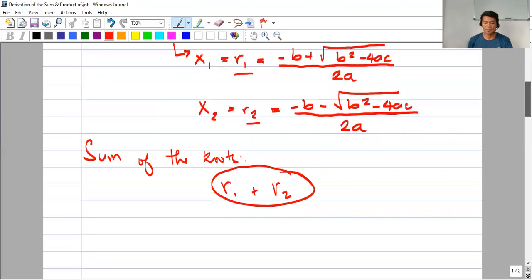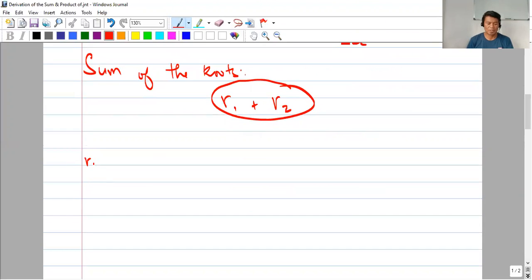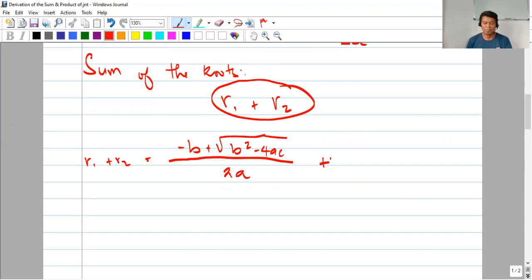With this, we substitute our r1, which is negative b plus the square root of b squared minus 4ac over 2a, plus the root 2, which is negative b minus the square root of b squared minus 4ac all over 2a.